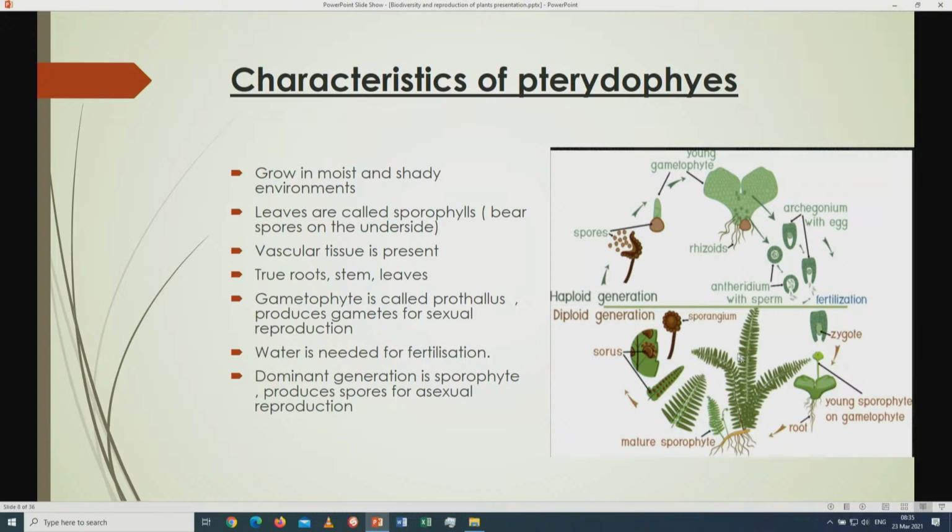So here, the dominant generation is called the sporophyte. The generation which is not dominant is called the gametophyte. So pteridophytes need water for fertilization to take place. For the sperms to move from the antheridia to the archegonia here, water is needed.